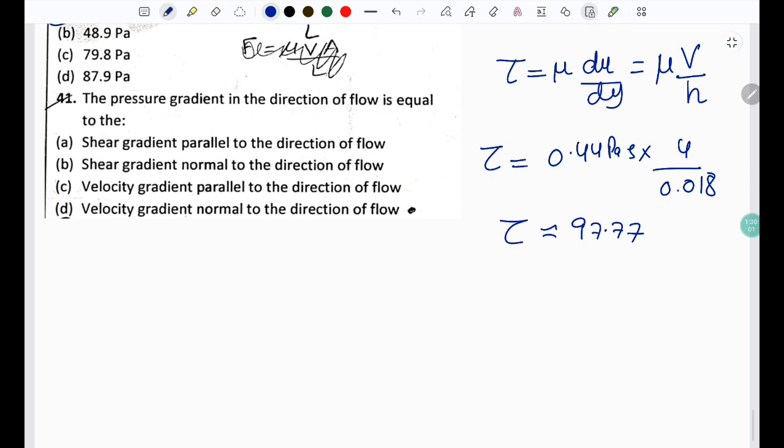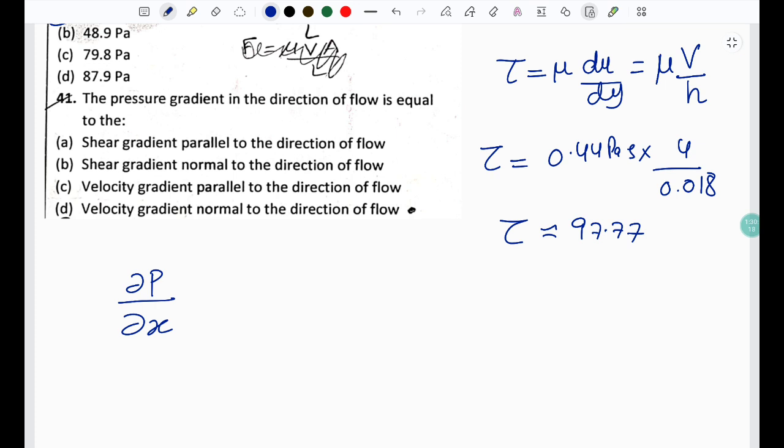It is asking about the pressure gradient in the direction of flow. Pressure gradient is given by del P by del X is equals to shear gradient or the velocity gradient. Now this was a question that made me scratch my head. I was not sure about it.